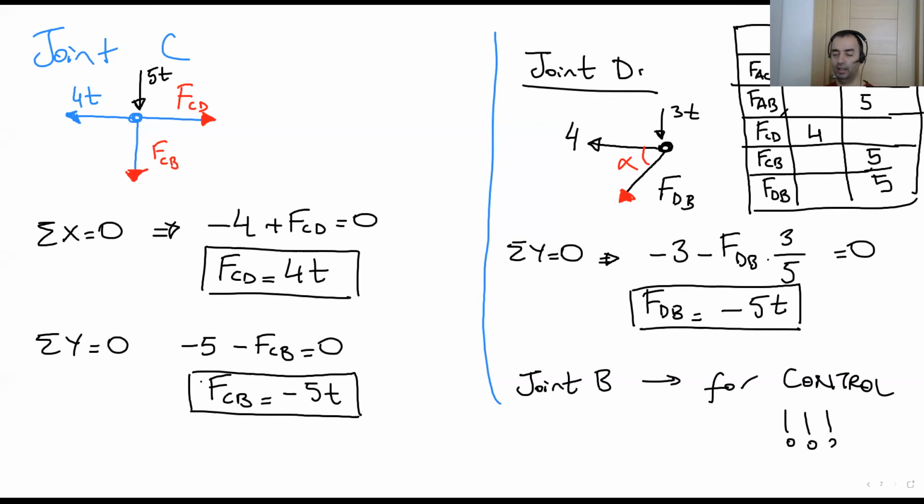Okay, I accept that minus sign, no worries. And in my table, I write it on the compression side. That's it. I think you get the point regarding the method of joints.